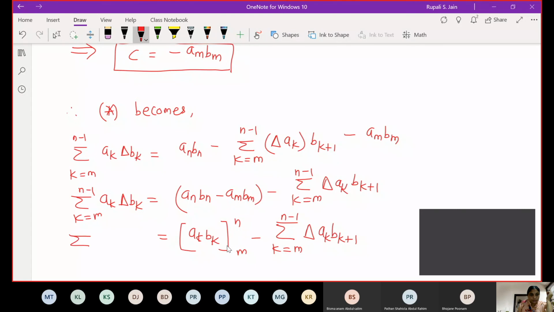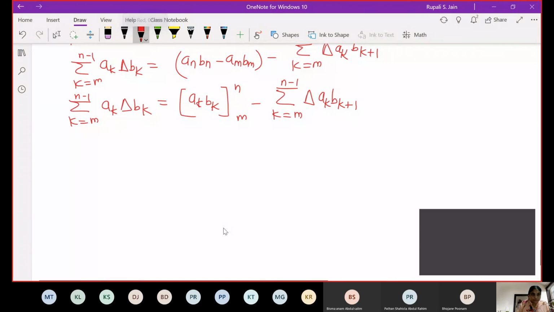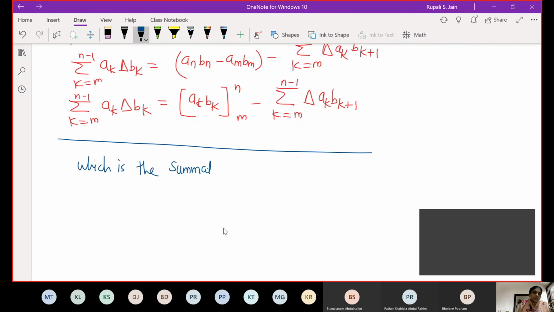That only we wanted to prove. So this is the summation by parts formula for definite sums. Is that okay? Yes, ma'am.